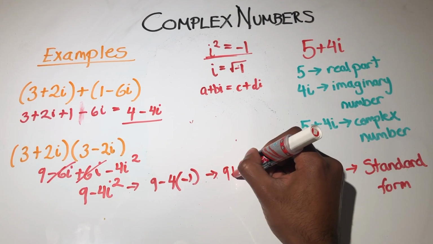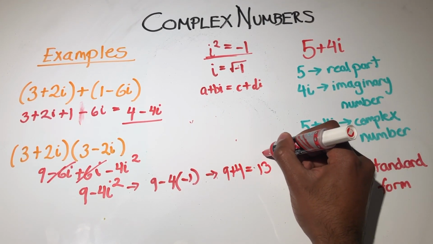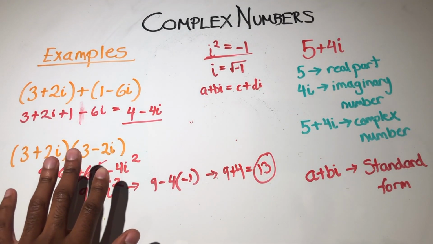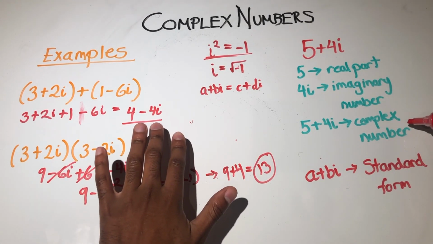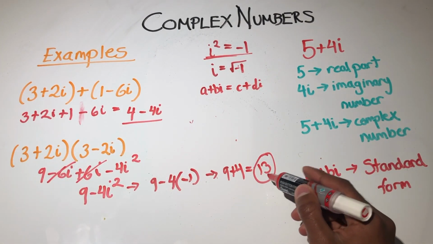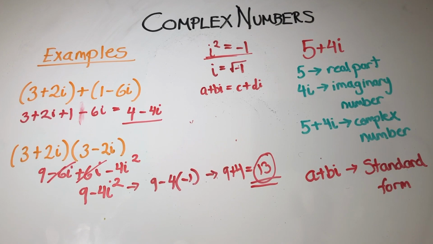So 9 plus 4, and our answer is eventually going to be 13. Now, when dealing with complex numbers, you don't necessarily always end up with a complex number written in standard form. You can end up with a real value, like for instance 13 here.